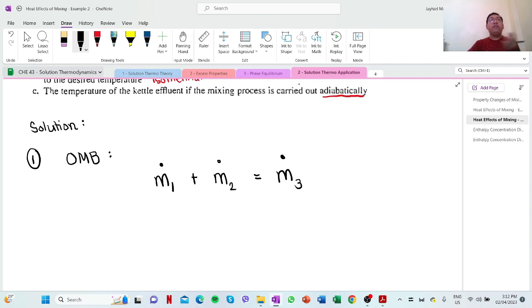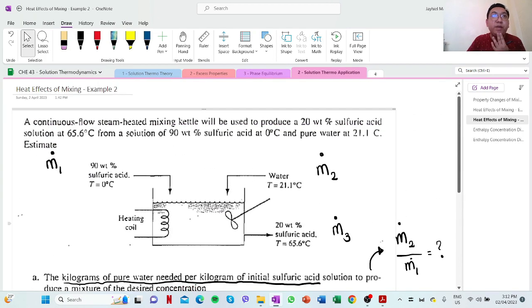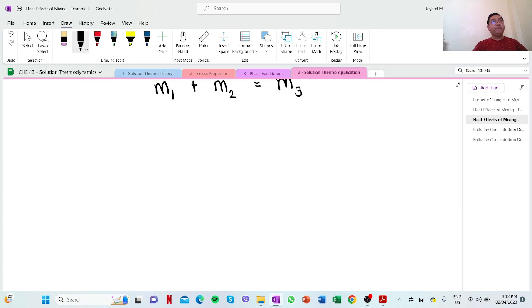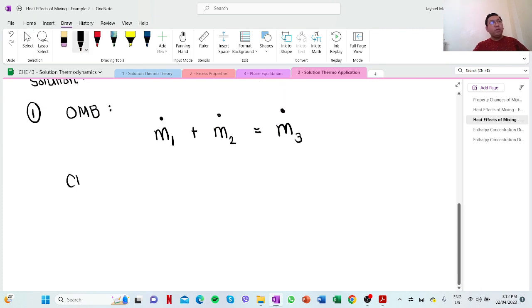We don't know the given values of the three streams, but we do know their H2SO4 weight fractions. So we are going to do a CMB, or component mass balance, based on H2SO4.